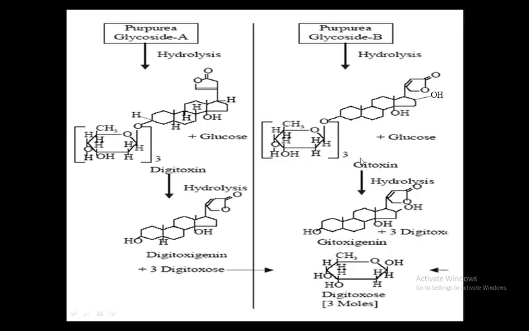Gitoxin contains gitoxigenin aglycone plus 3 digitoxose, which on hydrolysis gives gitoxigenin and 3 digitoxose separately.